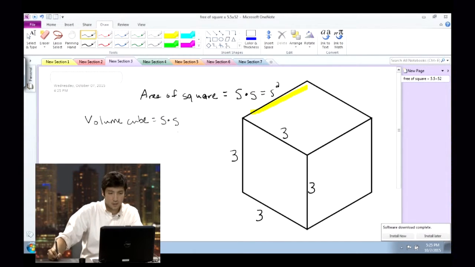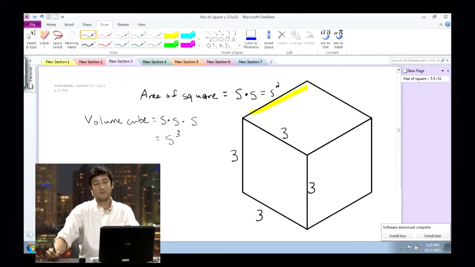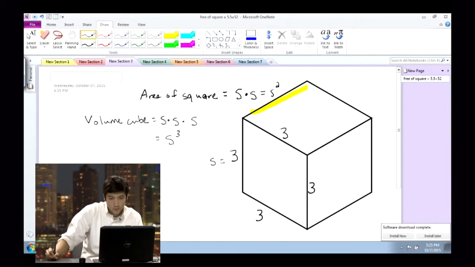So we have side times the side times the side, to add that third dimension. We could also rewrite this as the side cubed, because side times side times side would be side cubed. In this case, the sides are all 3.